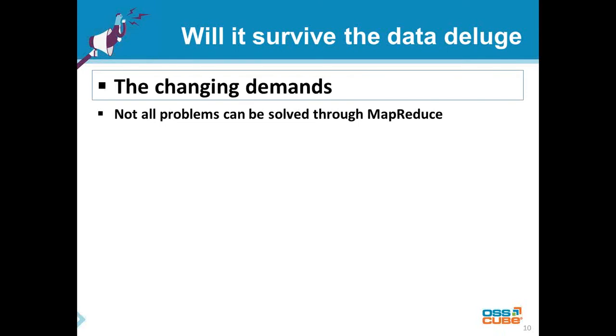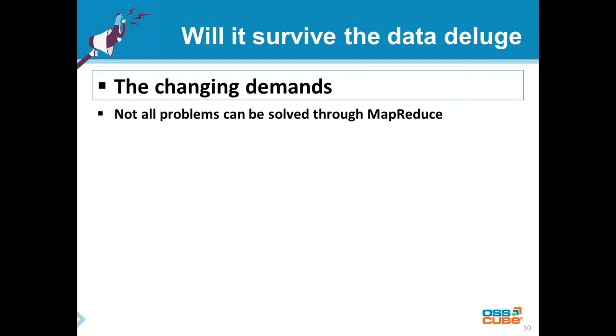And also, not all problems can be solved through MapReduce. There are certain use cases, certain problems in the industry, typically graph problems where you have to traverse the entire graph end to end, and some scientific problems where you need to have all the data together to process.